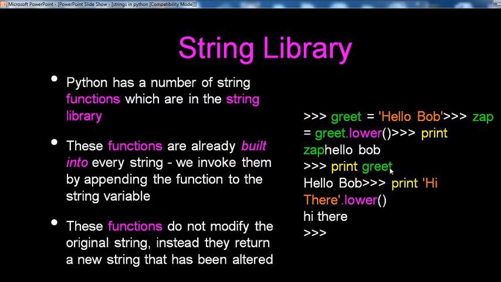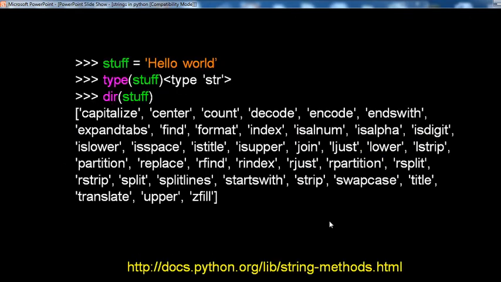Print again greet "Hello Bob", print "hi there", that means lower again, a defined built-in function. Whatever you define, "hello there", print "hi", then "hi there". That means the string library is used by default in Python.